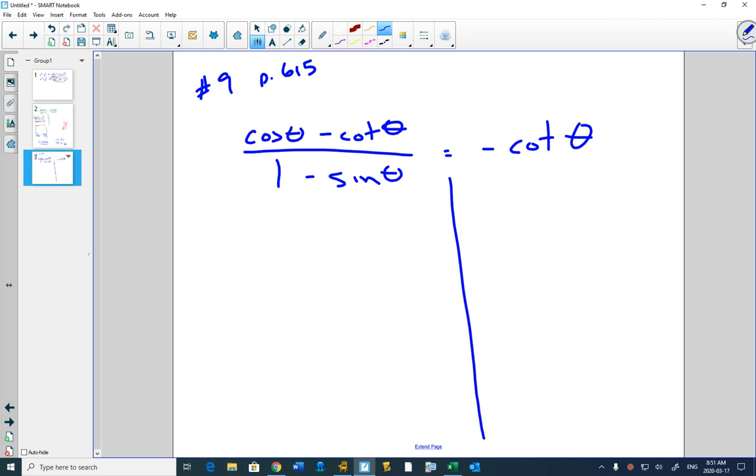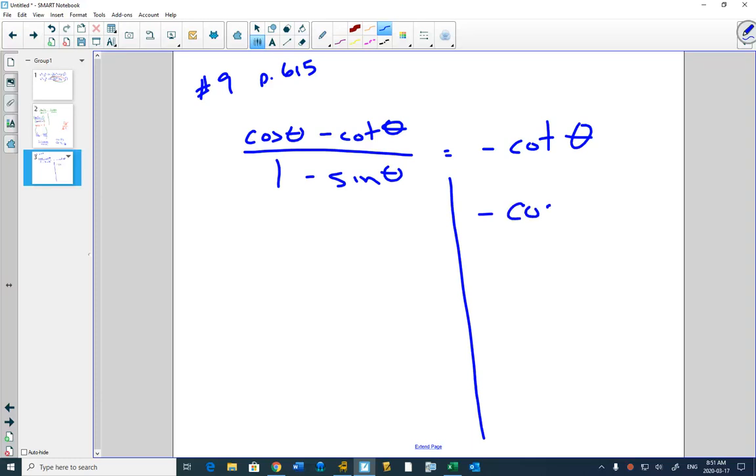Looking at what we have on the left and the right, we have cotangent, cos and sine, cotangent. We don't have any of those relationships where cotangent goes with cosecant. None of the things are squared right now, so everything looks like we should go to the regular strategy of changing things to sine and cos.